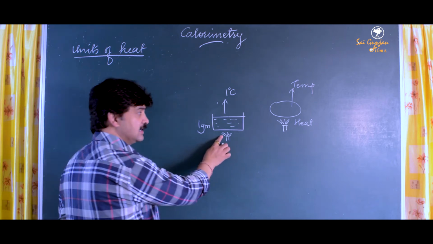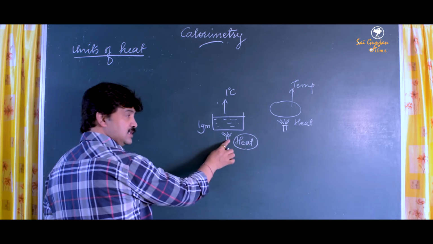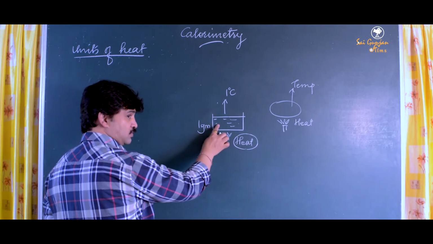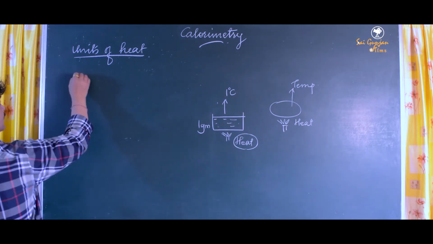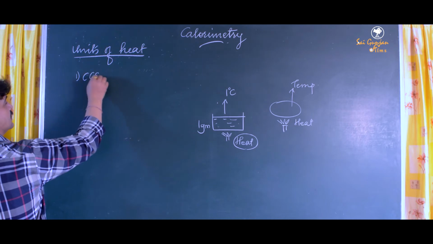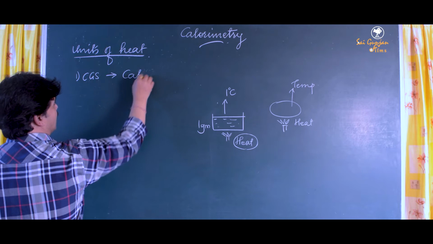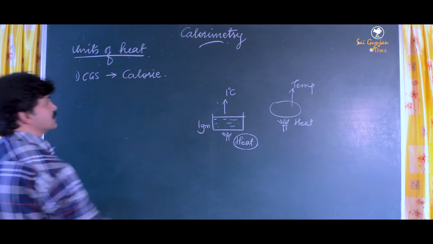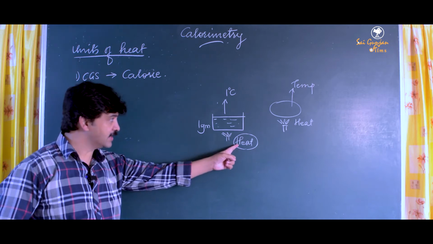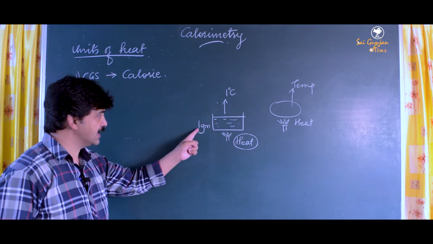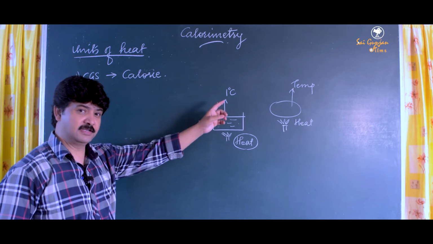Whatever amount of heat is needed to raise the temperature of 1 gram of water through 1 degree Celsius is known as calorie, and that is the CGS unit of heat. So this is defined as the amount of heat required to raise the temperature of 1 gram of water through 1 degree Celsius. All right.